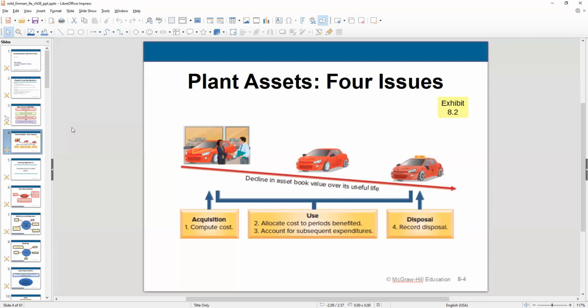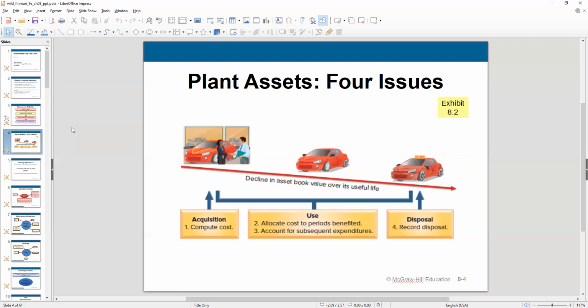Next, we have to figure out how long is the life of the product. We're not going to depreciate an item in 1 year. We're going to spread out the depreciation over the life of whatever that asset is. So if you go out and buy a delivery van, chances are you're going to depreciate that over 5 years.